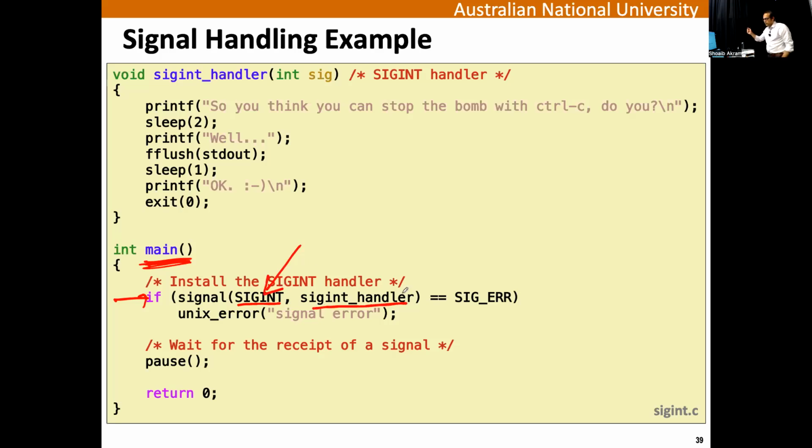So when the kernel is returning from a system call, an exception handler, or a context switch, if it sees a signal of type SIGINT for this process, it will execute this handler. And this is what we call receiving the signal.